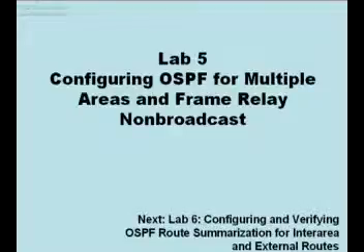Something else we observed was that if an area was not physically attached to Area 0 in a multi-area OSPF network, then it would not be able to exchange routing information with any other area. A fix for that we demonstrated was the creation of a virtual link that would tie together this other OSPF area that was discontiguous from Area 0, the backbone area.